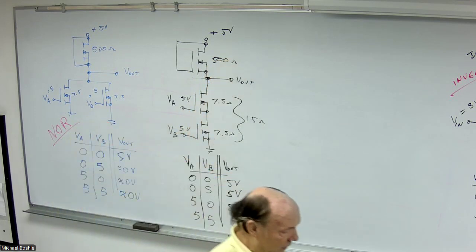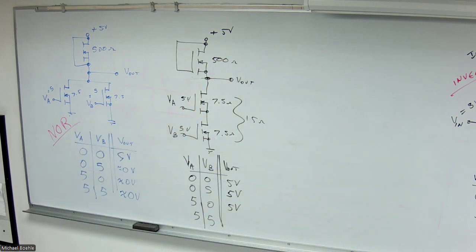So now we have an output voltage of 5 times 15 divided by 515.